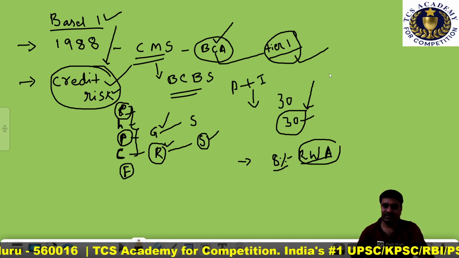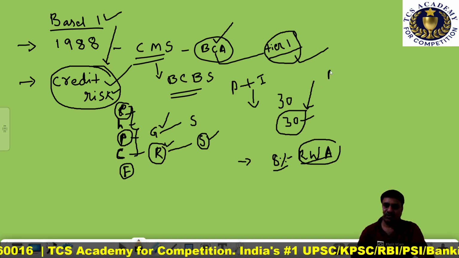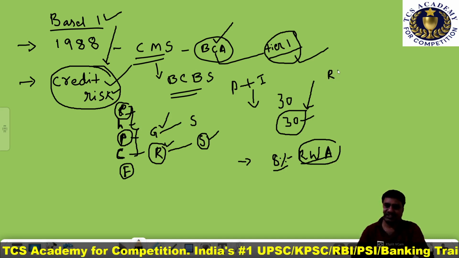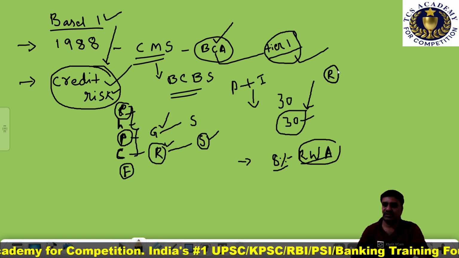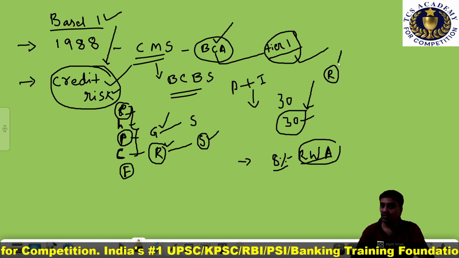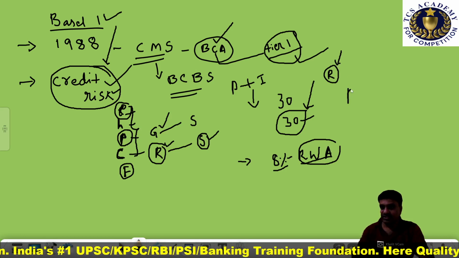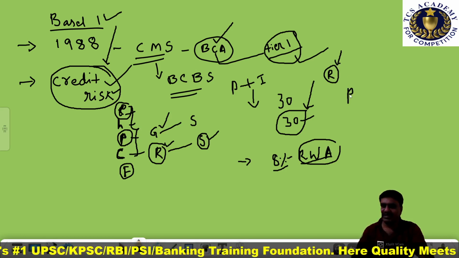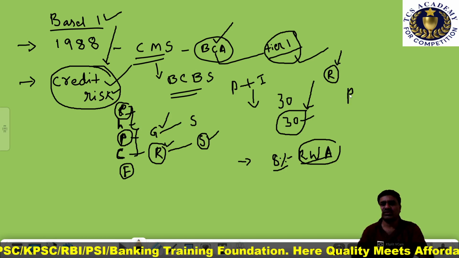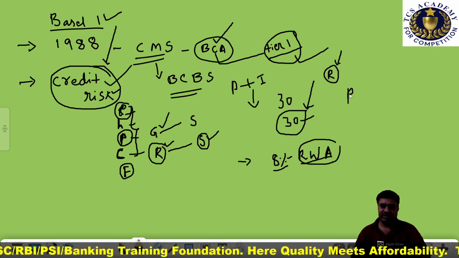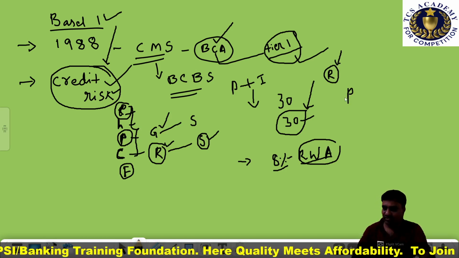Say for example, a real estate loan has been given against collateral securities. The banker will be having low risk. Clear? And a personal loan, the banker is exposed with more risk because there is a chance of incurring loss.